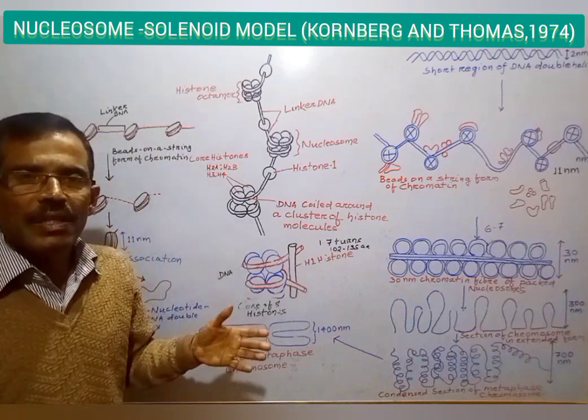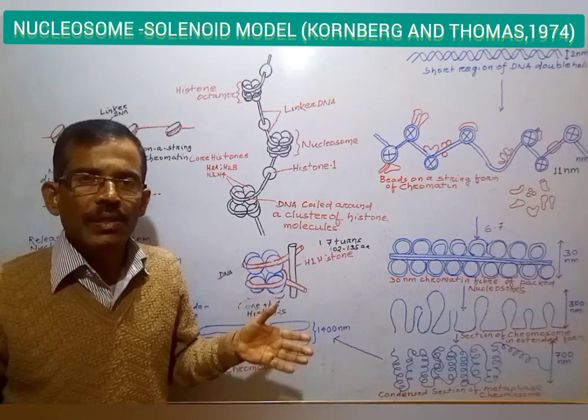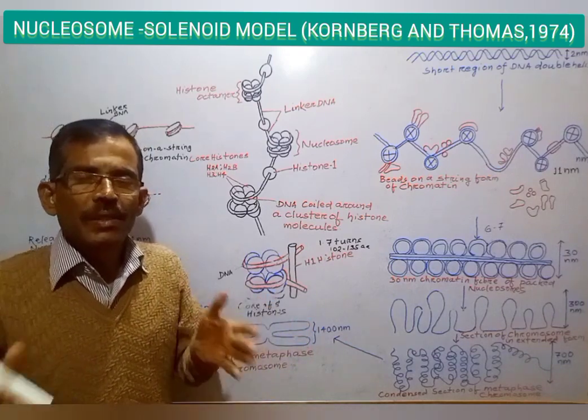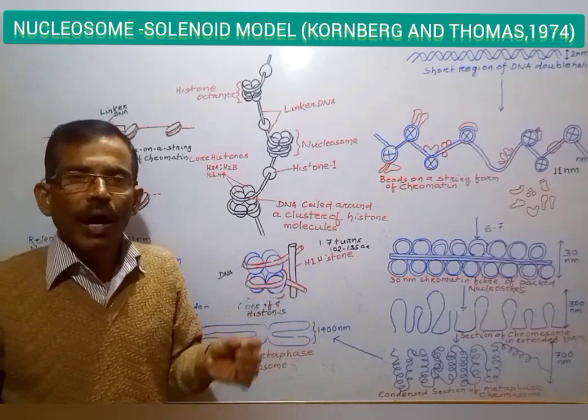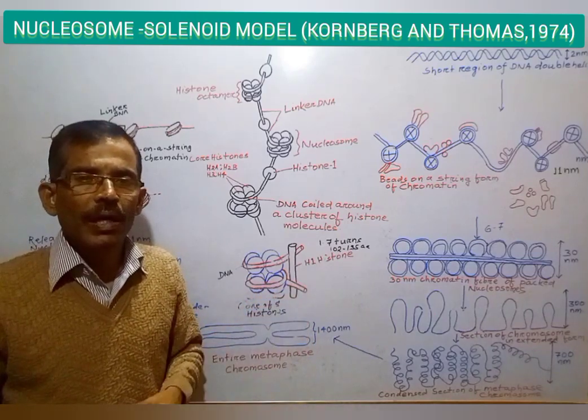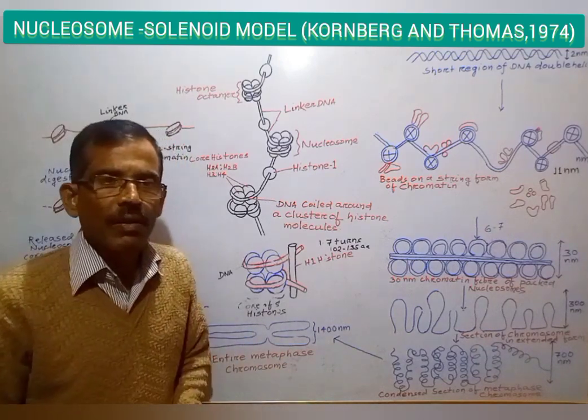So the packaging of DNA into chromosomes is a wonderful process in which proteins successively coil and force DNA into higher and higher levels of organization. As a result, rod-shaped chromosomes are formed.